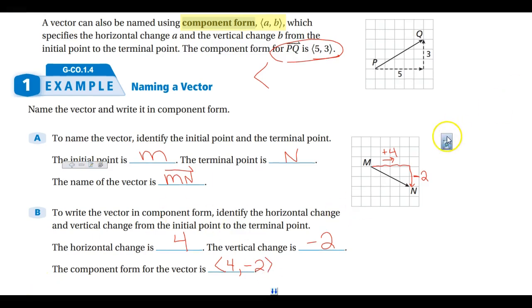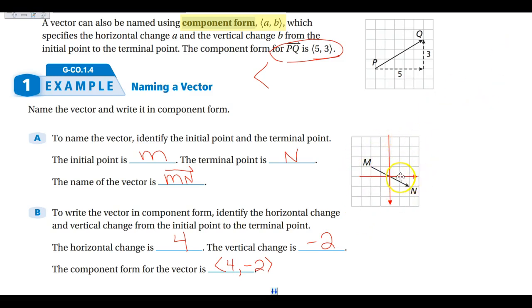One of the things that I want you guys to notice is that it does not matter where I have, sorry, stuff jumped everywhere, that I don't know what the coordinates are for M or N. All right, this can be placed anywhere it wants on the coordinate plane. I could put it here, all right, and have it go this way, but it doesn't matter.